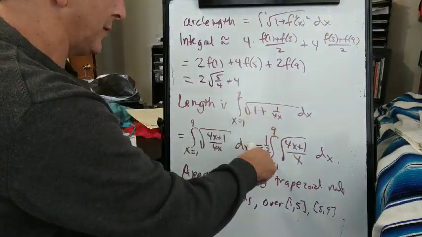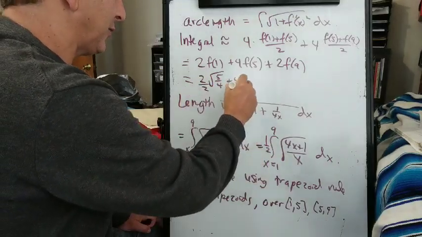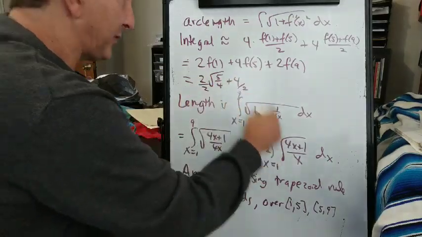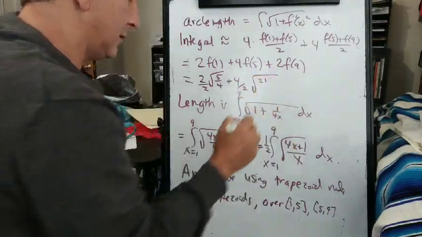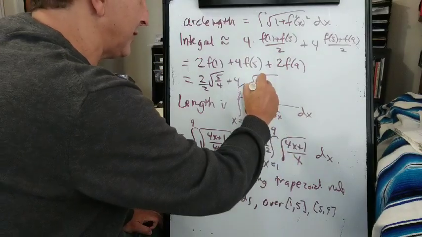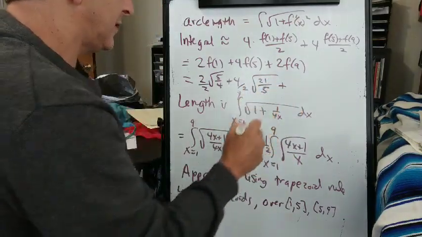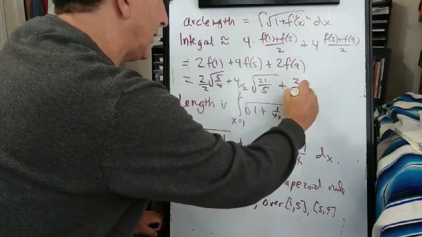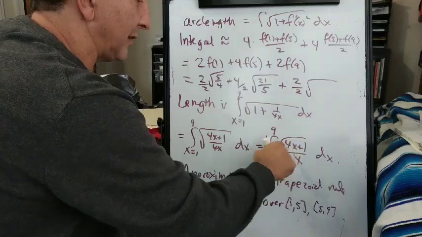Oh, actually this has a half in it. I forgot the 1/2. Plus 4 halves, 21 over 5. Plus 2 halves, we'll plug in 9, 37 over 9.